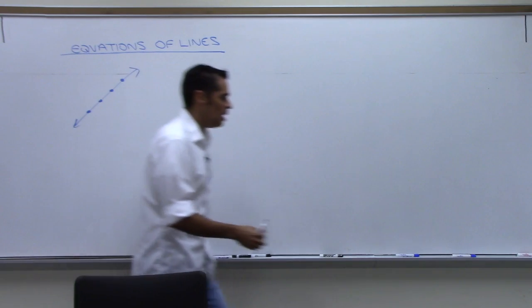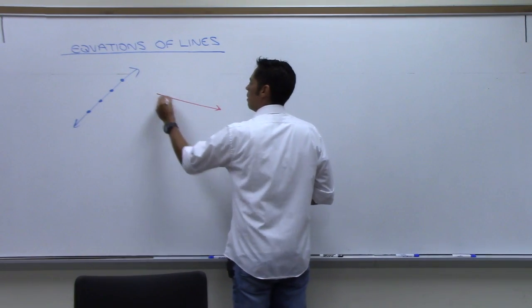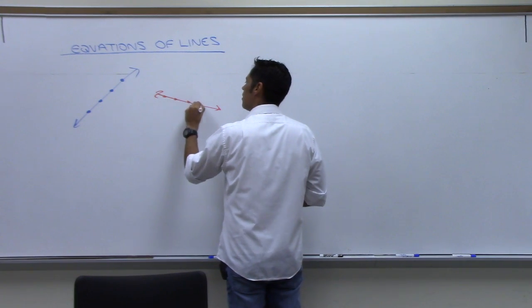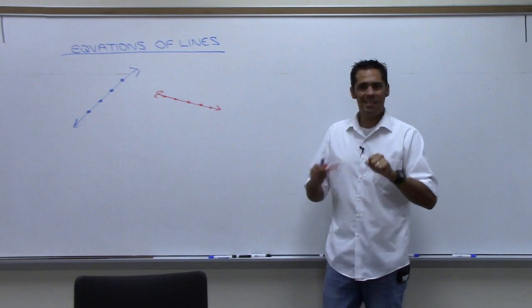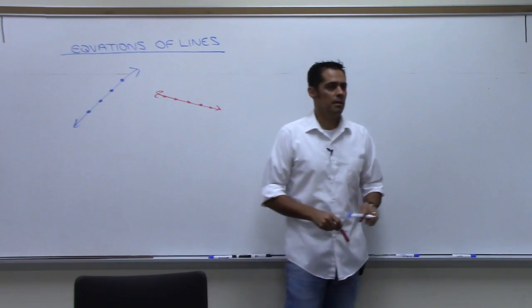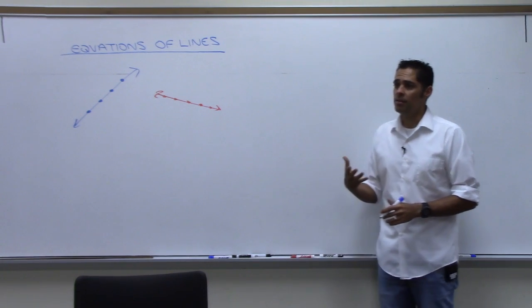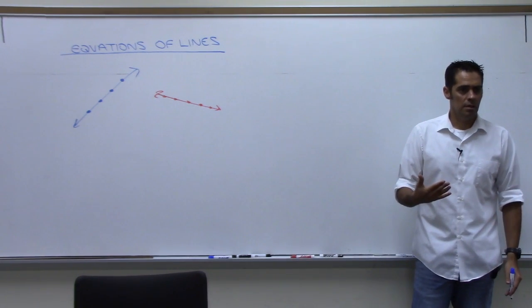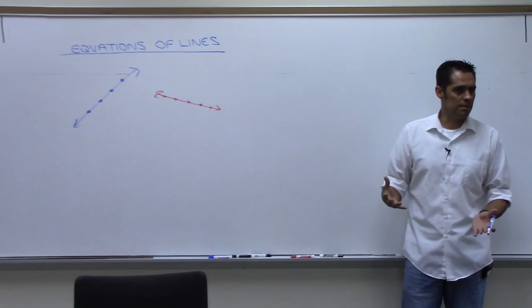And if I draw a different line, all the points that live on this line have a relationship also to each other, but it's different than the relationship on the blue line. The easiest way to show what that relationship is, is with an equation. We actually just explicitly write out what the relationship is.